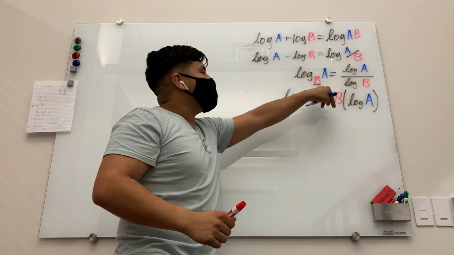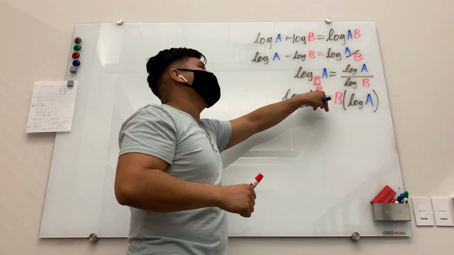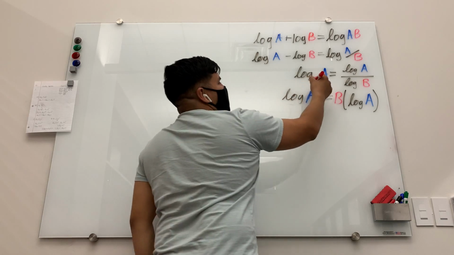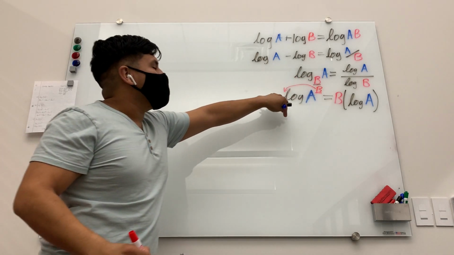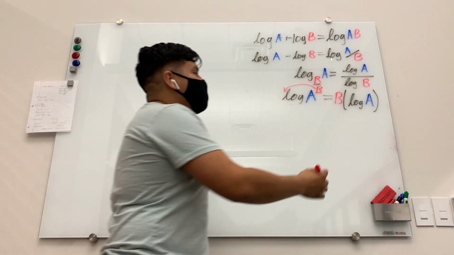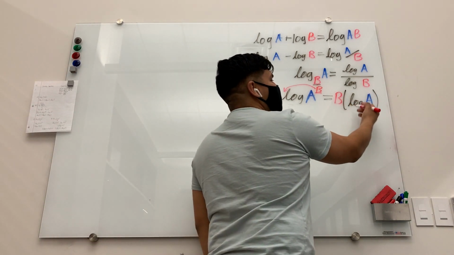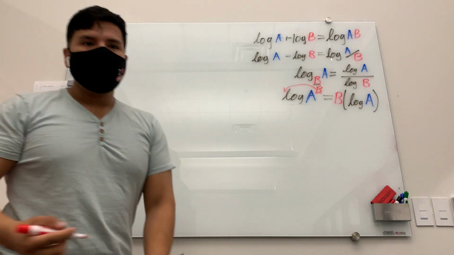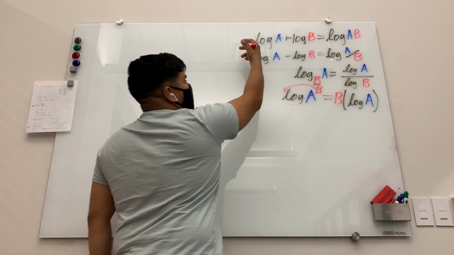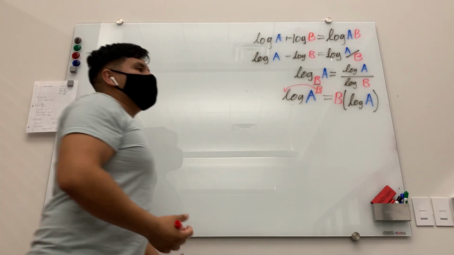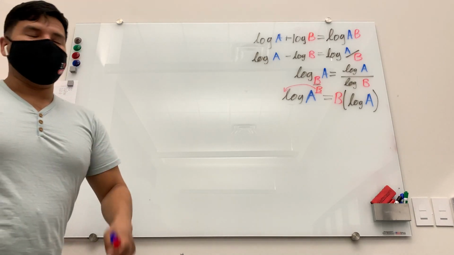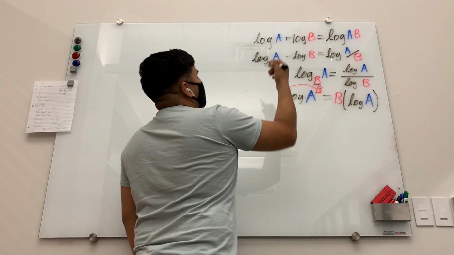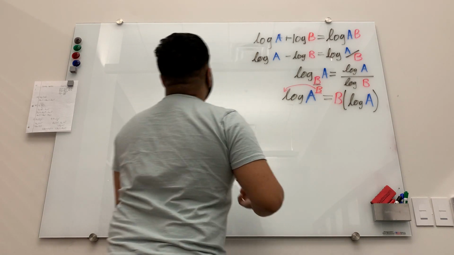From there, b is allowed to move out front, and it turns into b times log of a. And so these four properties right here give us our rules to be able to work with log functions. These are the ways that we can go about solving log functions.